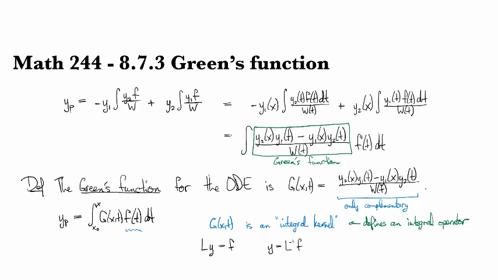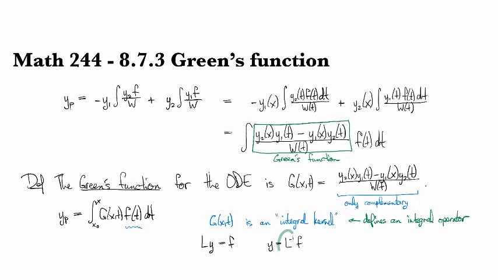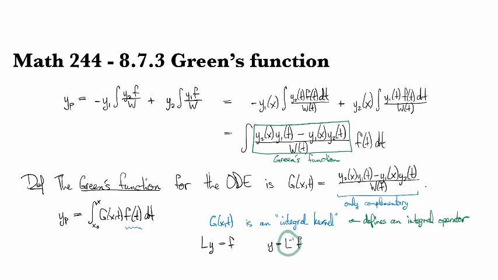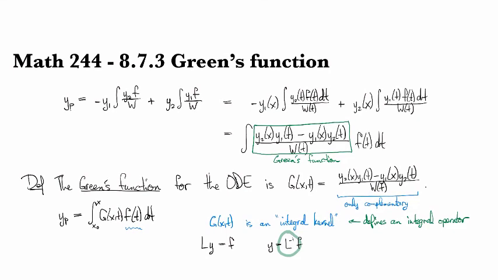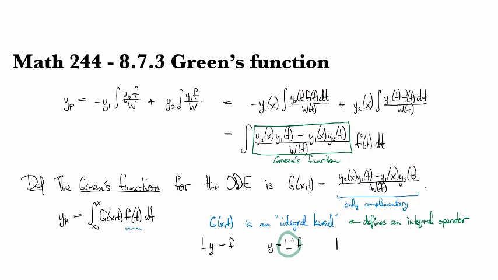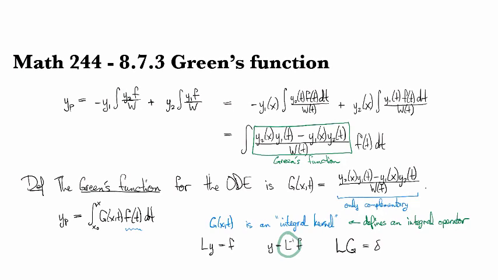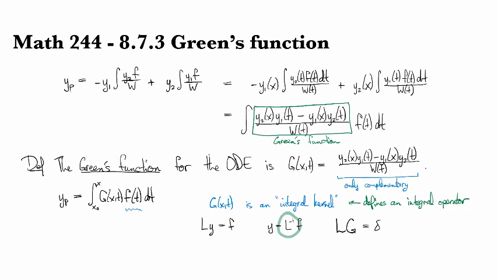And if you want to undo a differential operator, it stands to reason that you would want an integral operator, because integration and differentiation are inverse operations. Okay. And so the idea here is that if you apply L to G, then you should get something that looks like the identity. And for mysterious reasons, I will write it like this.